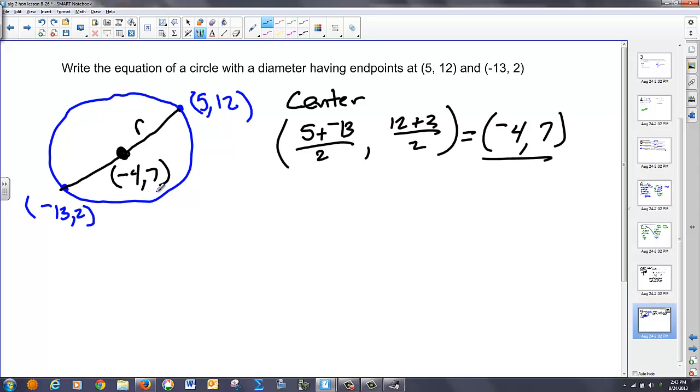Next, I need to find the length of the radius. So I'm going to use the distance formula to find that length.